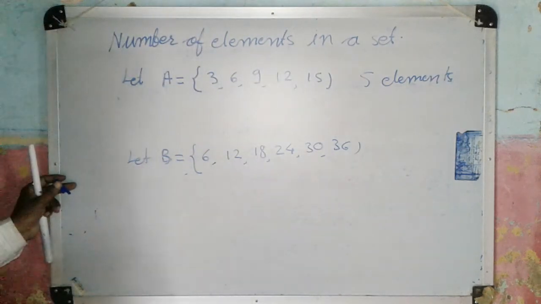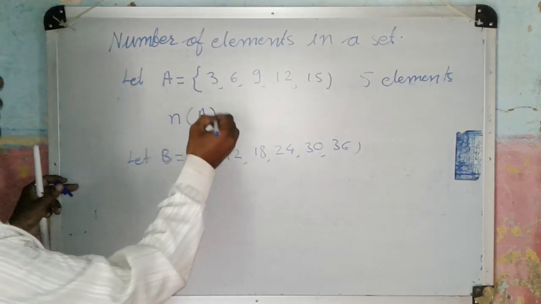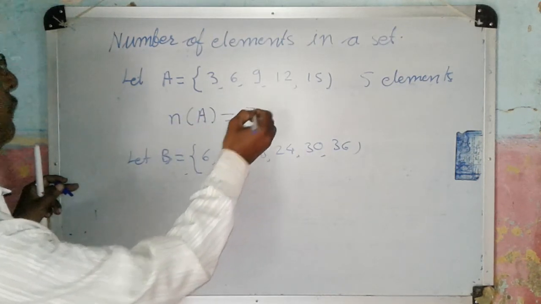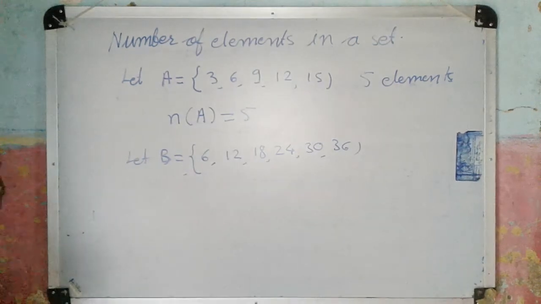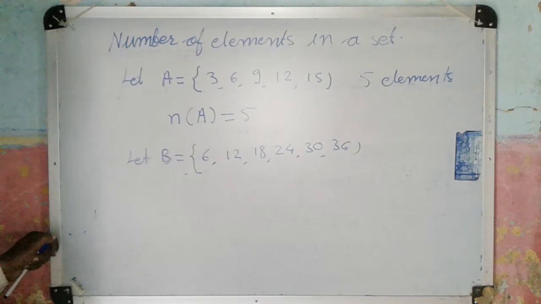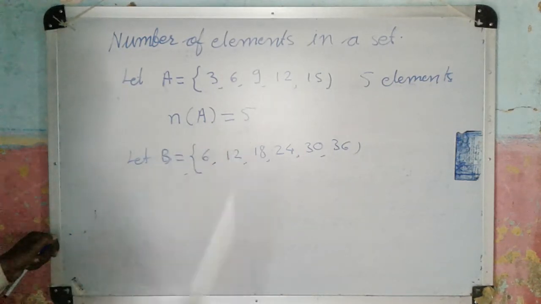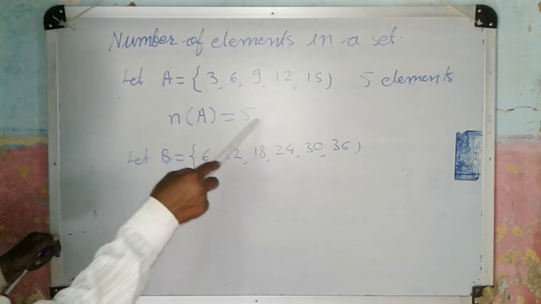So in symbol, this can be written like this. Number of A is equal to 5. That means in set A there are 5 elements and symbolically it is written as number of A is equal to 5, and it is read as number of A is equal to 5.